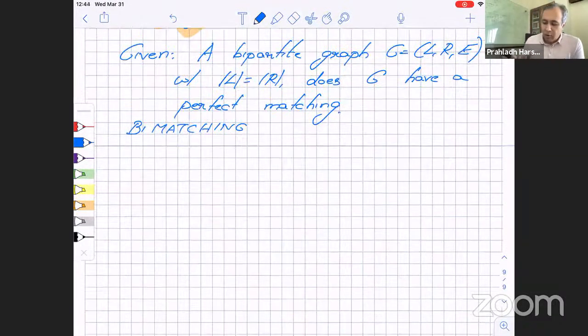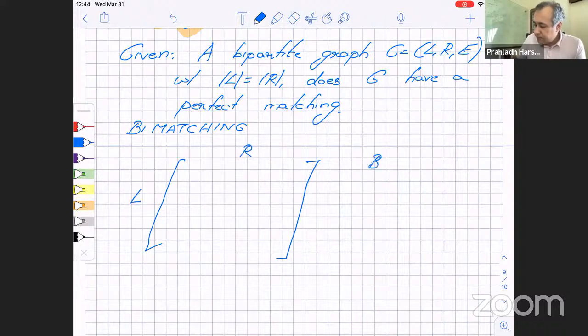It might not be obvious right now, but I'll construct one particular polynomial P. And once you stare at the polynomial, it should be clear that there is a randomized algorithm. So let's construct. I'm going to look at the bipartite adjacency matrix, with L and R. It is not the usual adjacency matrix.